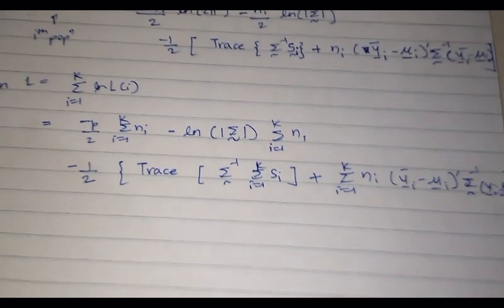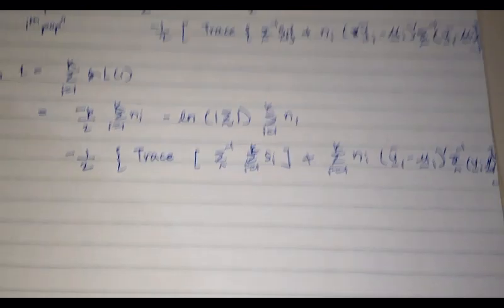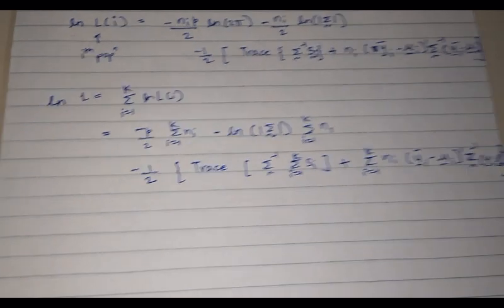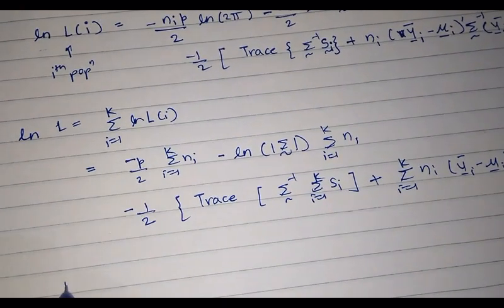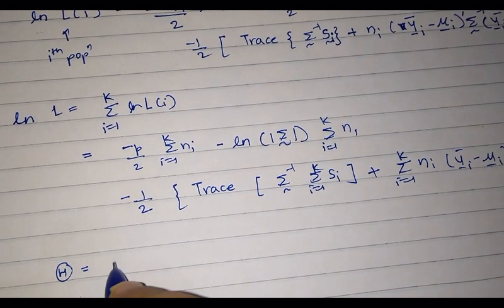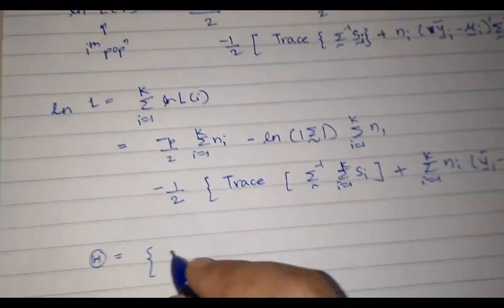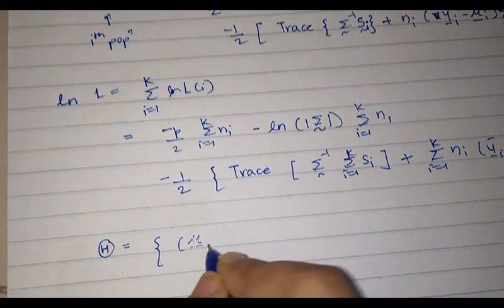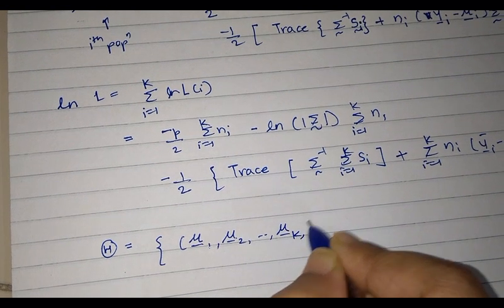Now we have to maximize this likelihood with respect to mu1, mu2, up to mu_k and sigma. Just to make sure that we know the correct parameter space, what will be my script theta here? My overall parameter space is mu1, mu2, up to mu_k and sigma.